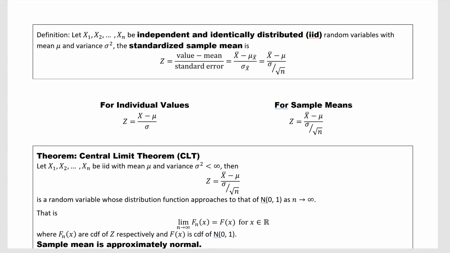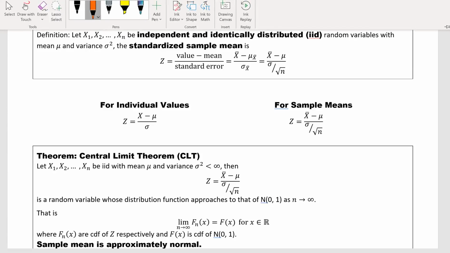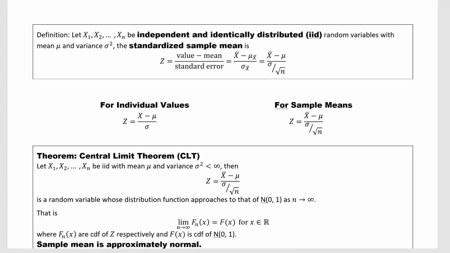Then the standardized sample mean is, well, we know the sample mean is x bar. What's the standardized sample mean? If you remember, for the normal distribution x, z is you subtract the mean and divide by sigma.